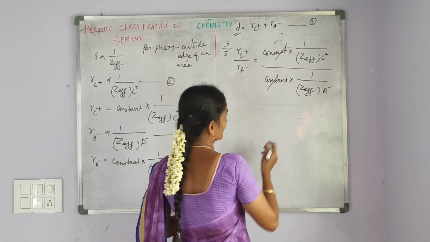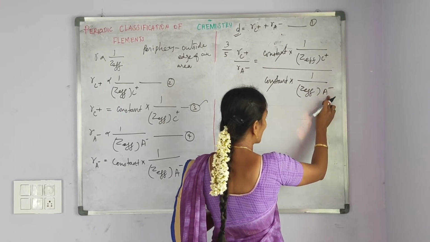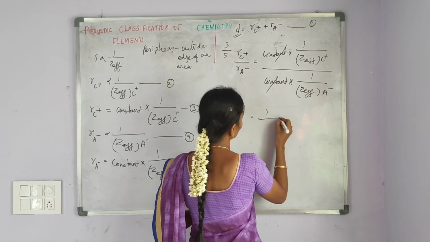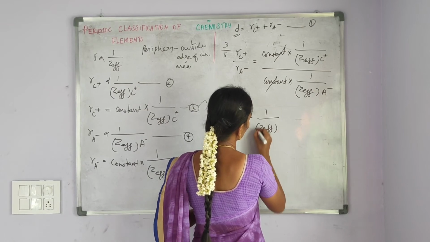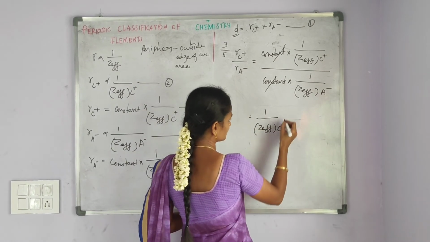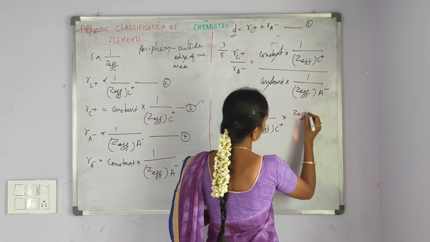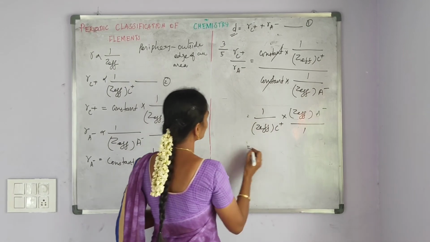Constant gets cancelled. 1 divided by effective nuclear charge of the anion moves to the numerator. It will become 1 divided by effective nuclear charge of the cation into effective nuclear charge of the anion divided by 1.